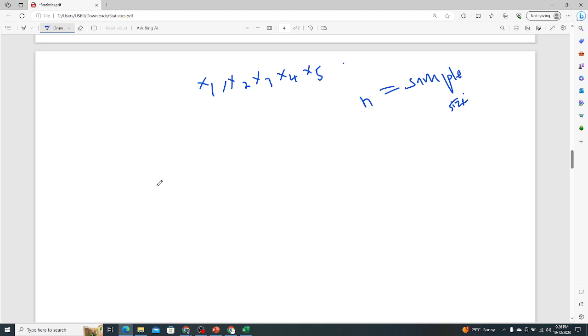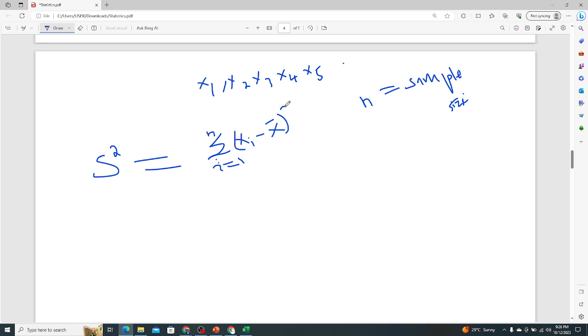So in this case, we know mathematically that the sample variance is always given by the summation of xi minus x bar, with i taking values from 1 to n.